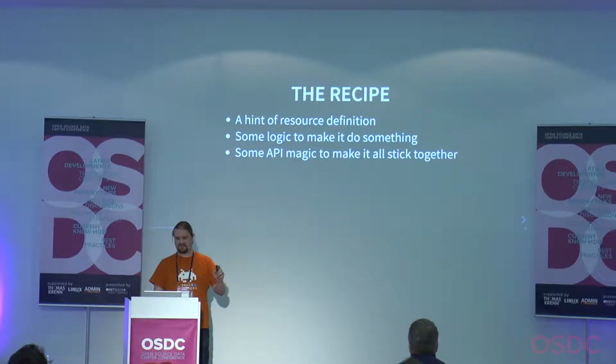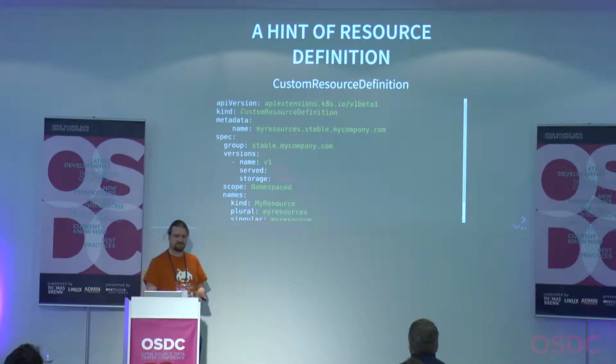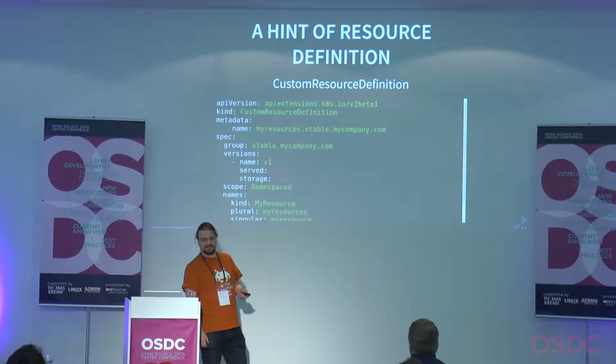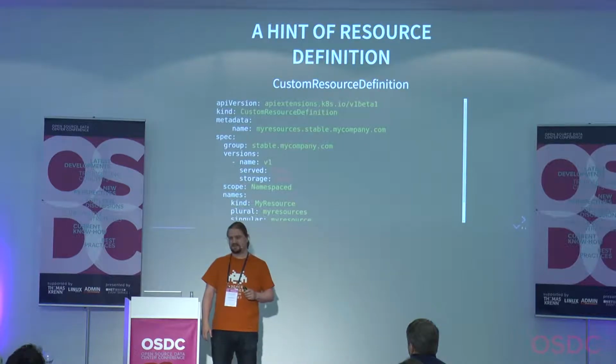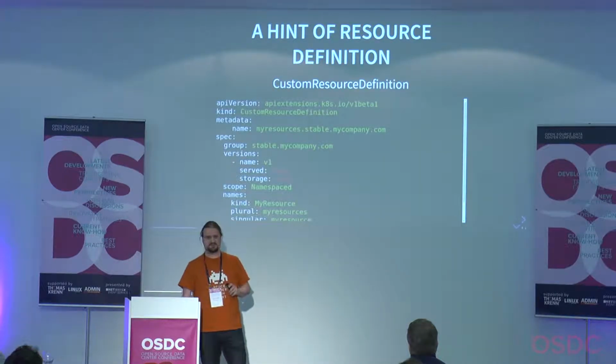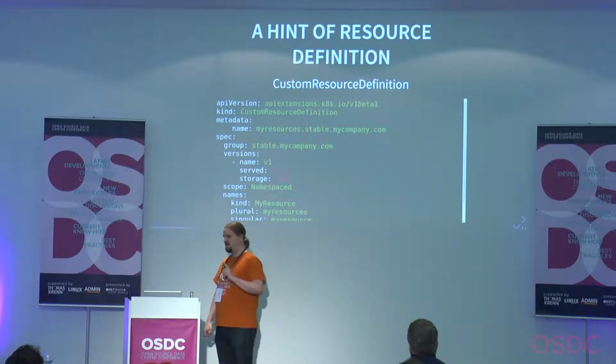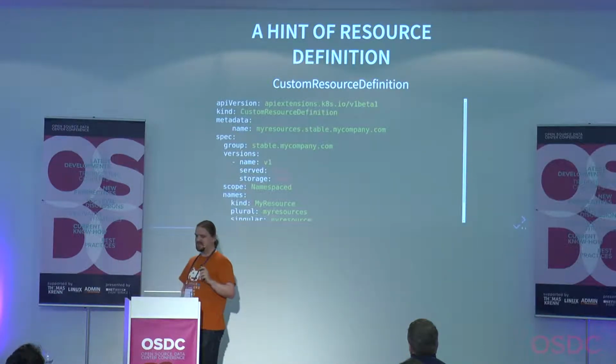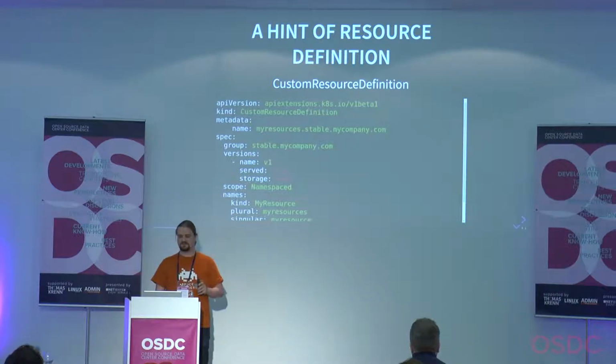So let's start with the easiest of these 3 parts: the resource definition. For that, there's a native Kubernetes resource called CustomResourceDefinition. And that is used to tell Kubernetes about your new resource.